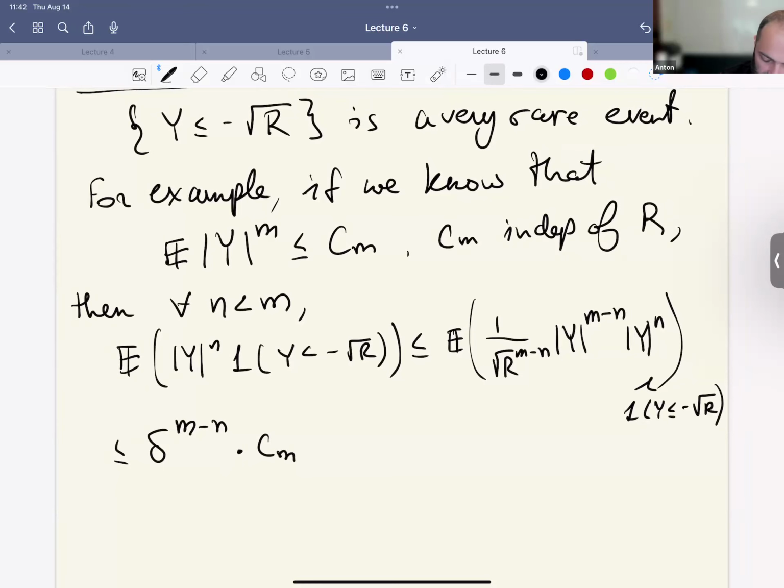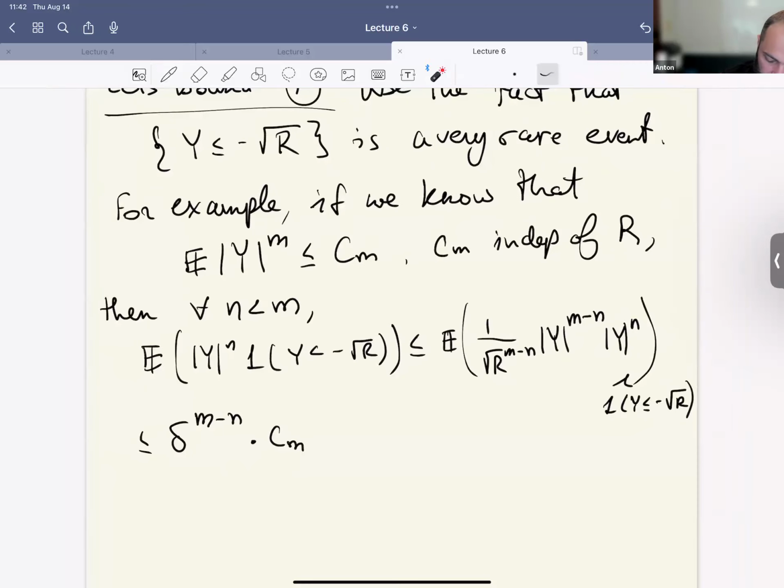Basically, what it's saying is that if you know, like, the 100th moment is finite or is bounded independent of R, you can make this term arbitrarily small. Okay, so in practice, we want, for example, let's say m equals 10. That's safe. That's more than we'll ever need.